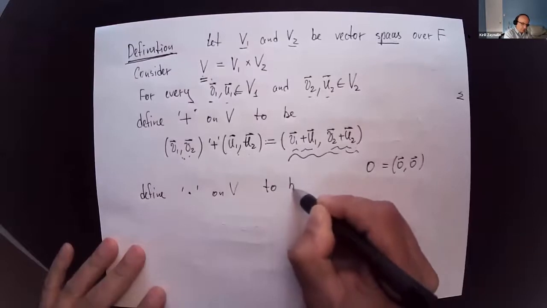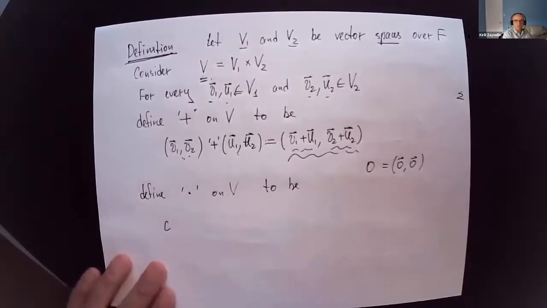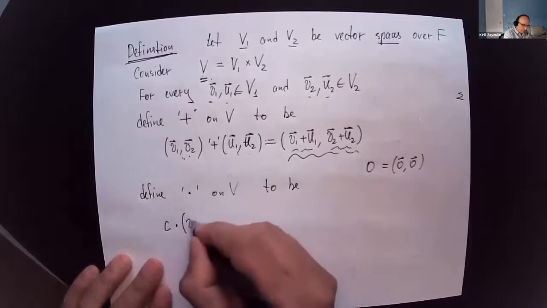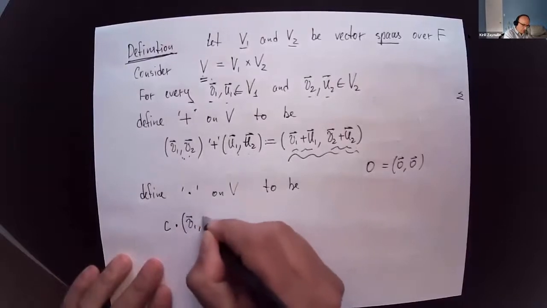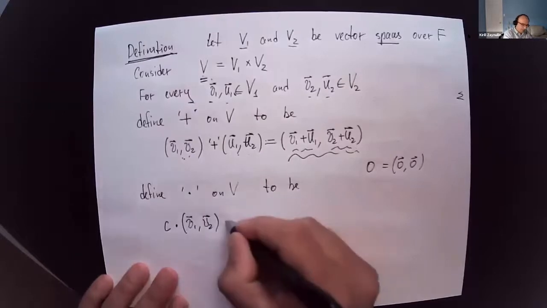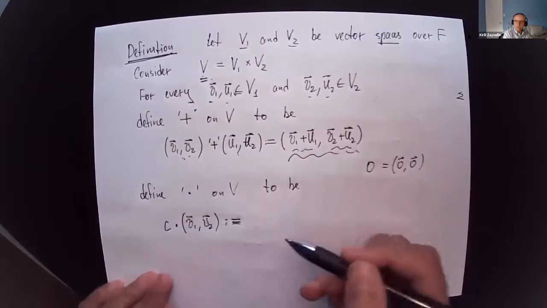Well, we can also define the scalar multiple as follows. So whenever I have a scalar C from my field F, and I would like to multiply a given pair of vectors, say (V1, V2), by that scalar, what's the result? Well, the result is what one expects. We just multiply it coordinate-wise.